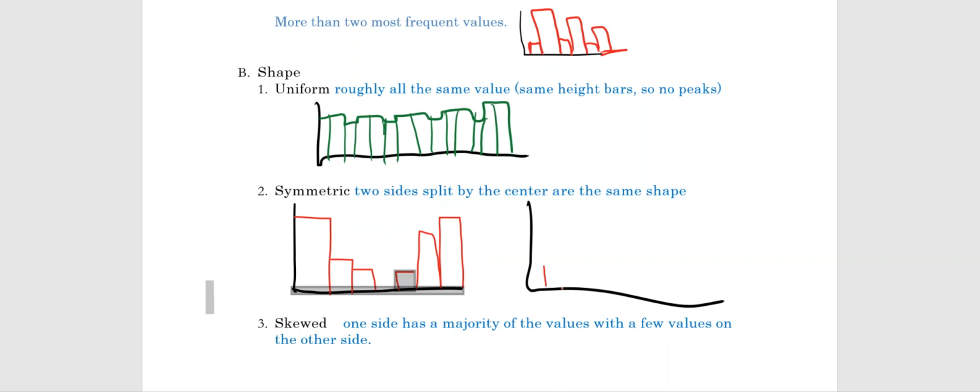Here's the super popular one that most people picture when they picture symmetric. Big thing in the middle and then some stuff on the side sloping downwards.